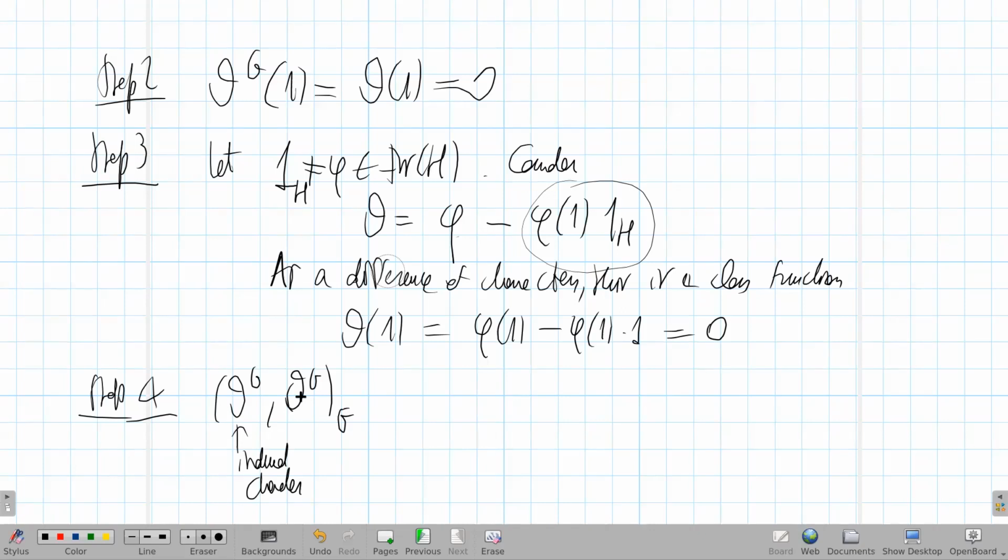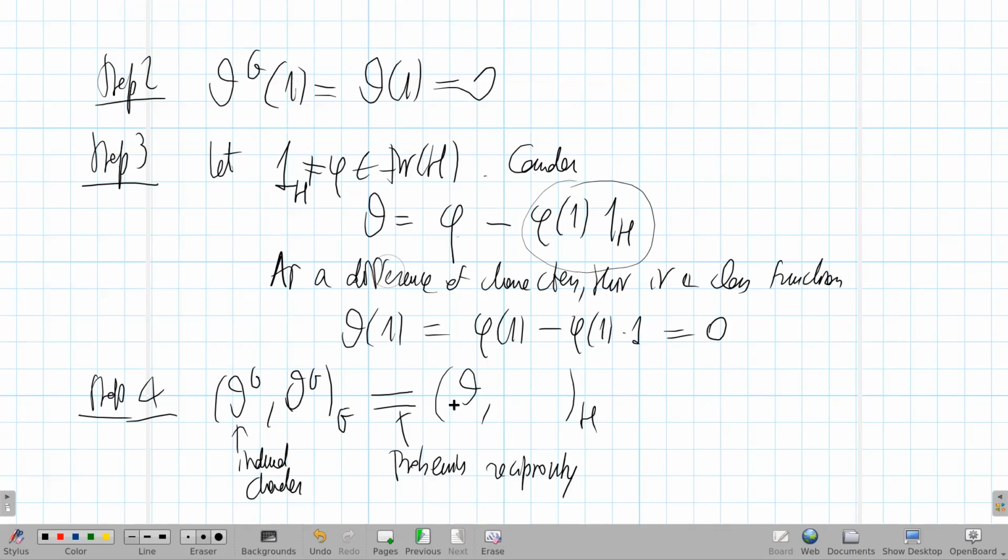By Frobenius reciprocity, if you have an induced class function, not necessarily a character, and here another character, this is the same as the inner product over H, where here you consider theta, the one you started with.